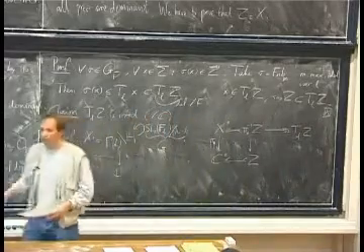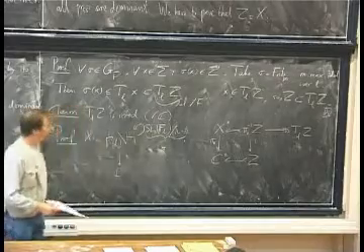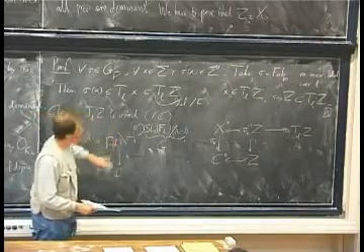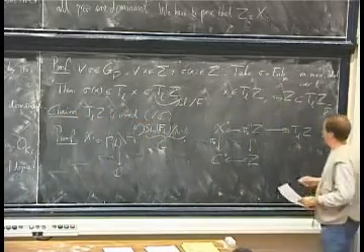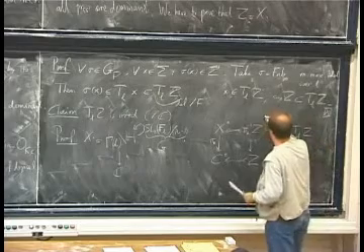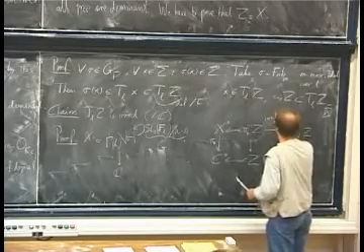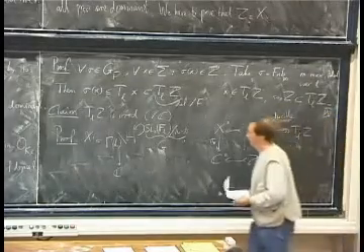You can use the Borel subgroup, but for other purposes, I want to use the group structure. If we want to prove that this is irreducible, it is enough to show that this is irreducible. So we are going to show that this is irreducible, and then it will follow that this is also irreducible.